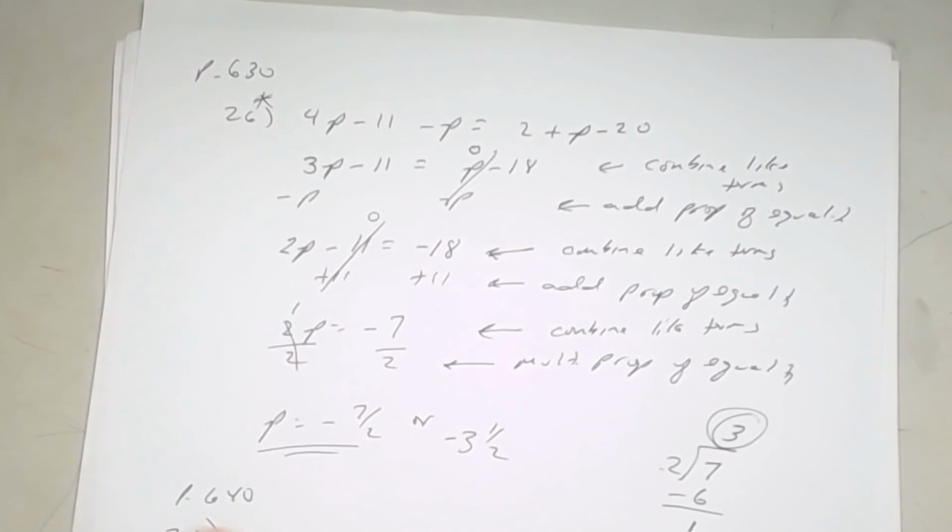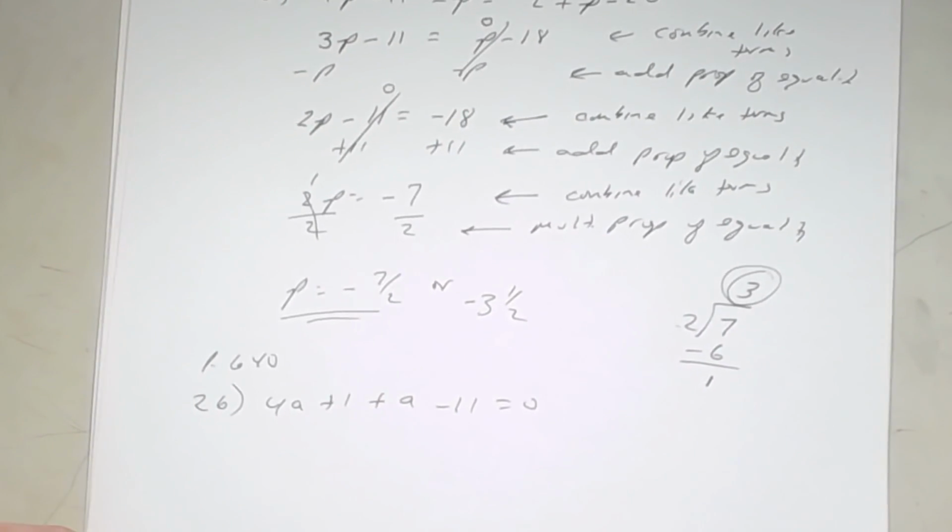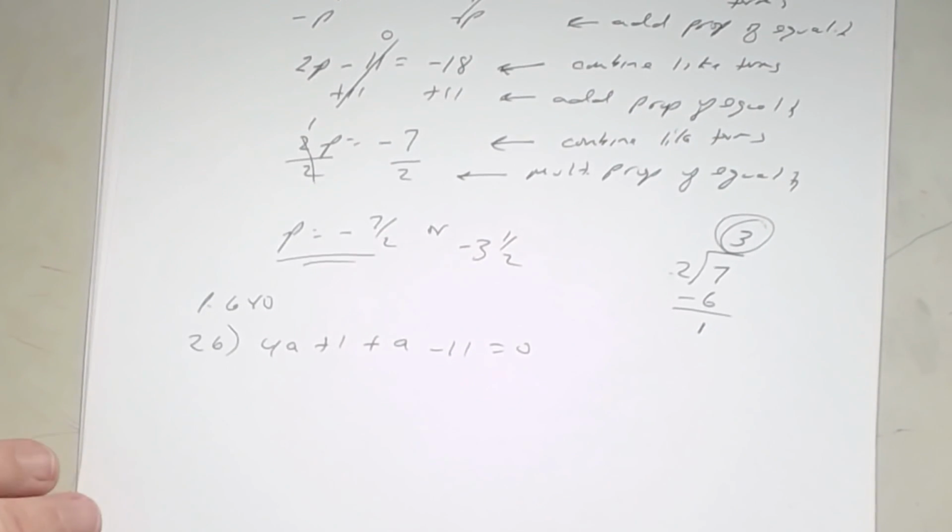You have 4a plus 1 plus a minus 11 equals 0. You want to solve this equation. Remember, everything we deal with here, for the most part, can be linear equations. So the idea is to get the variable on one side, constants on the other. If you want all your points, what should be the first thing you do?